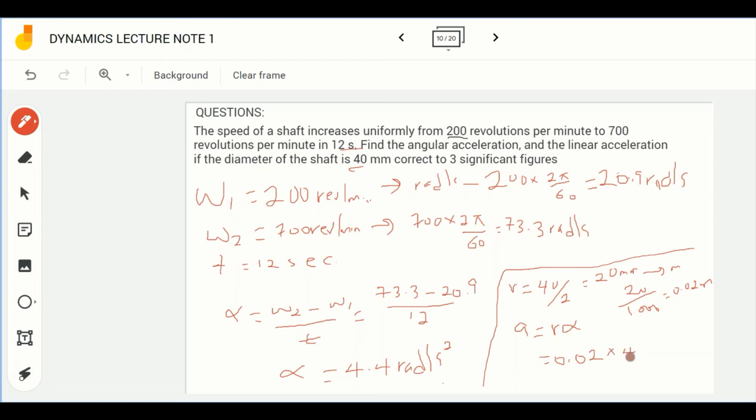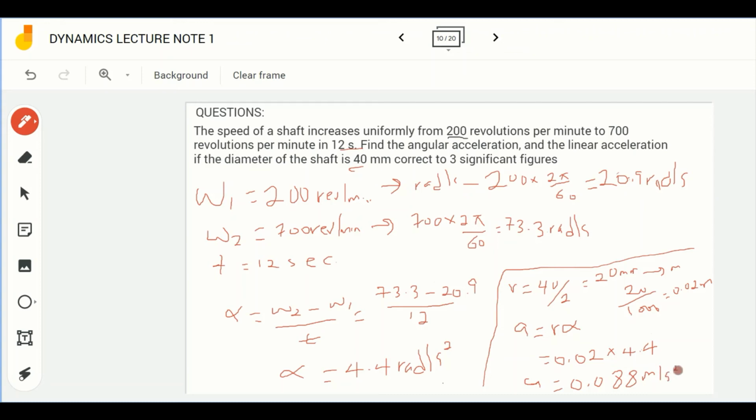So when you punch this in your calculator, our linear acceleration will give us 0.088 meters per second squared. That is our final answer.